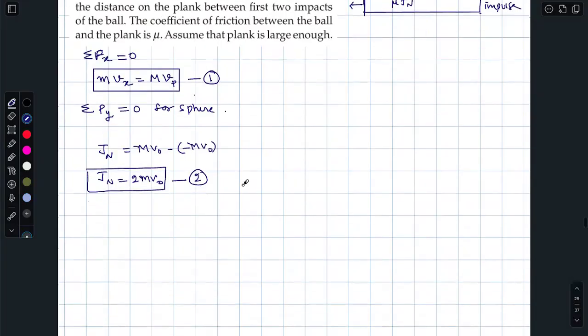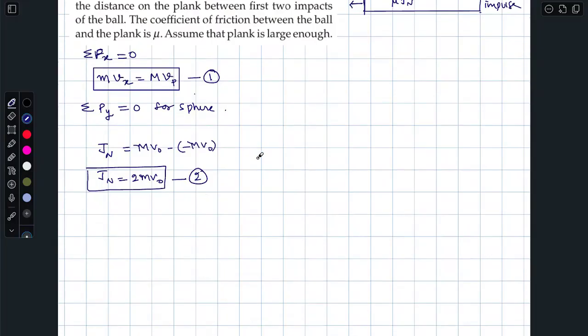Next. Equation 2 is done. This angular impulse, tell me. Minus mu Jn r is equal to 0 minus ICM omega naught.